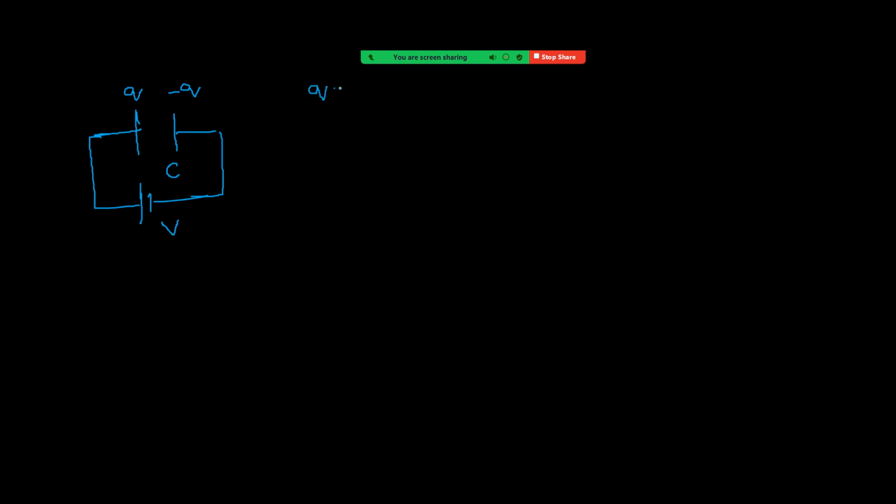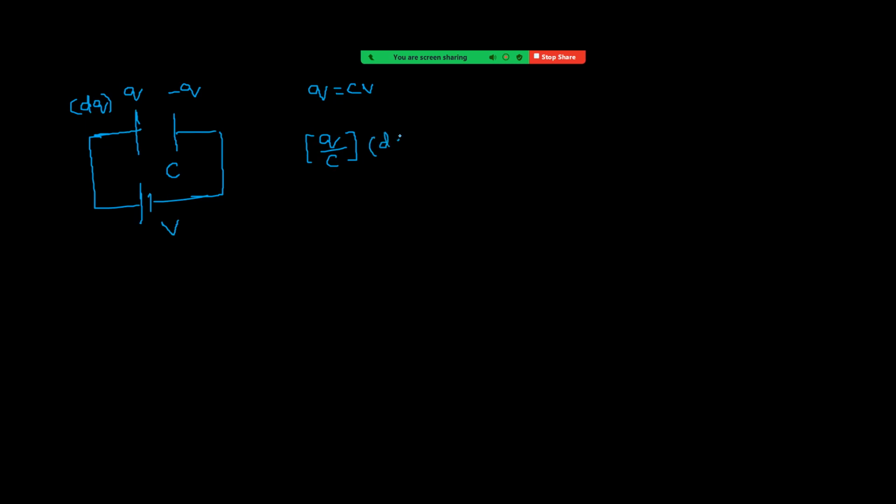We know Q equal to CV, right? Then V will be Q by C. That is now the potential difference. Now take a small charge dq flowing from here to here. Then see how much work is done to overcome this repulsion.